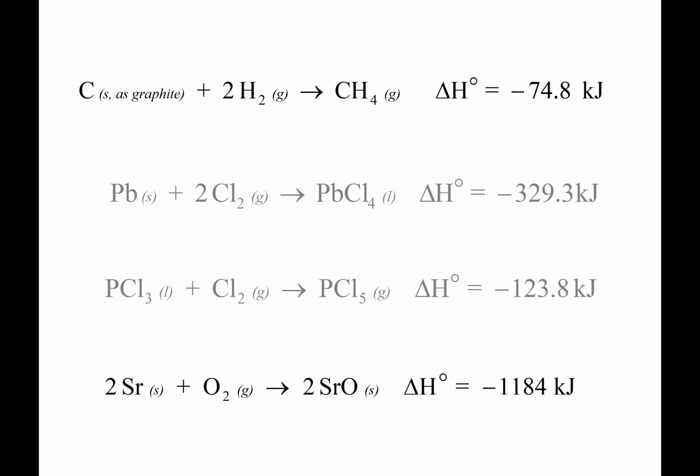How about this one? Yeah, because it made 2 moles. Can't fool you, Maddie. She's going to circle this one because it has to be the creation of 1 mole, and this is 2 moles. So the first 2 are, and the last 2 are not.